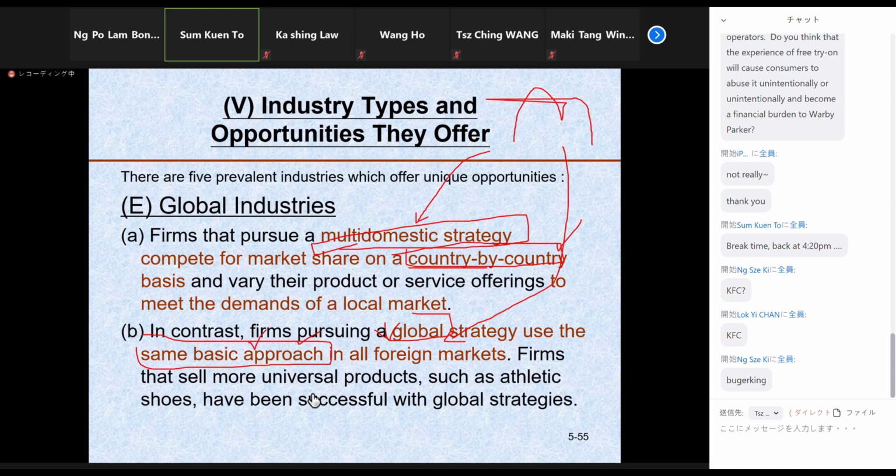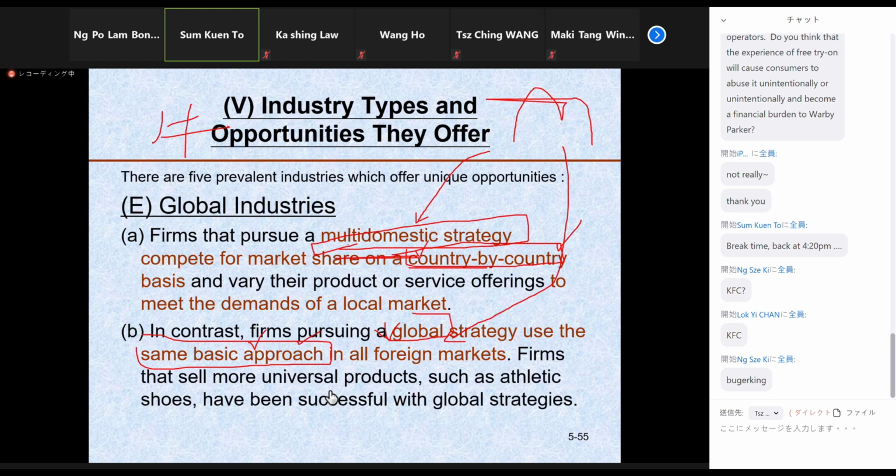In some country, they consider the cow is God, some sort of idol. They worship cow. 有啲覺得牛係神聖嘅. And then of course they won't eat beef, and then I won't sell cheeseburger. I won't sell Big Mac, depending on the country. So this is the multi-domestic one.